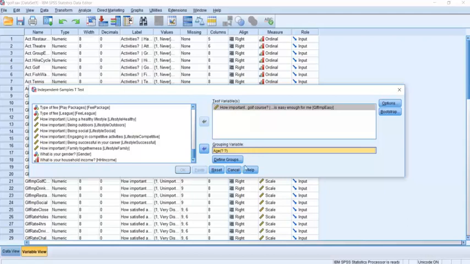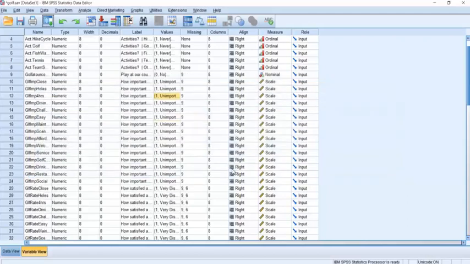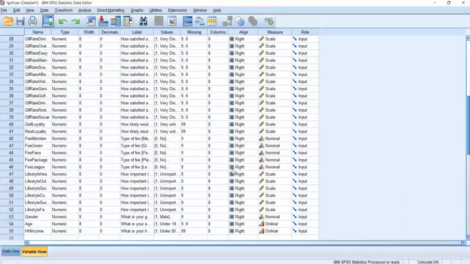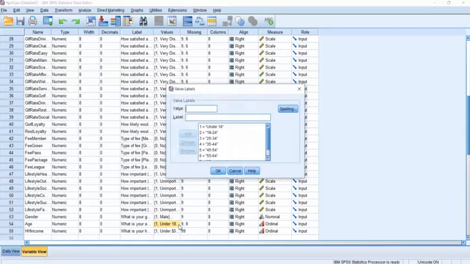Okay, so why don't I look at how the variable's set up so we can make that decision. I can explain a little better. So if I go to Variable View and I go down to Age and see how it's coded, I can see here that a coded value of 1 is under 18, 2 is 18 to 24, and so on.